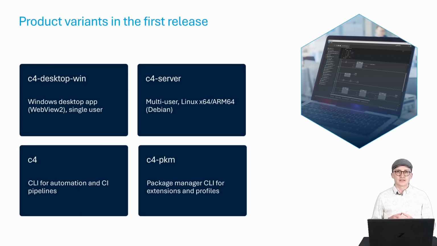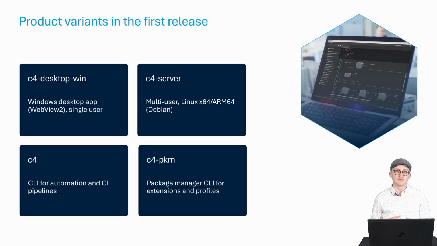The first release comes in 4 variants. C4 Desktop Win is a Windows desktop application for single-user development. It runs a local backend and an embedded browser, the same pattern behind VS Code or Slack. C4 Server is a multi-user server for Linux, available as a Debian package.